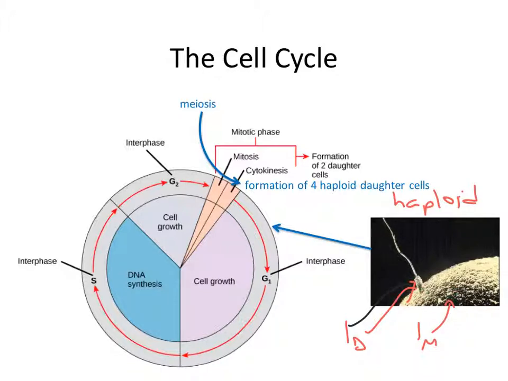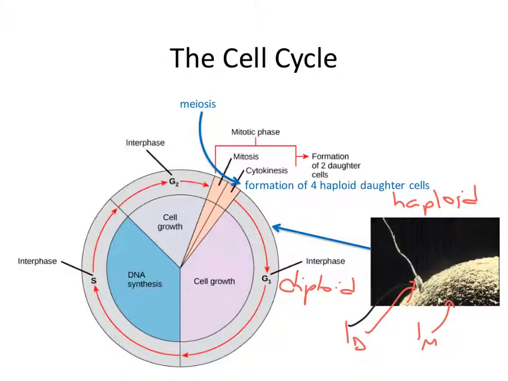That makes a cell with how many copies of every chromosome? 2. So as soon as fertilization happens, you go from 2 haploid cells to a diploid cell. That's before synthesis phase, right? The growth phase, synthesis, the second growth phase, G2, and then some sort of cell division, mitosis or meiosis.